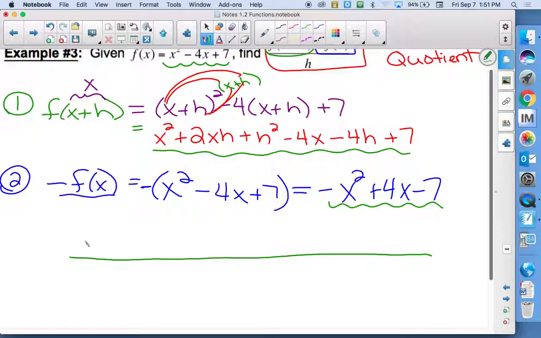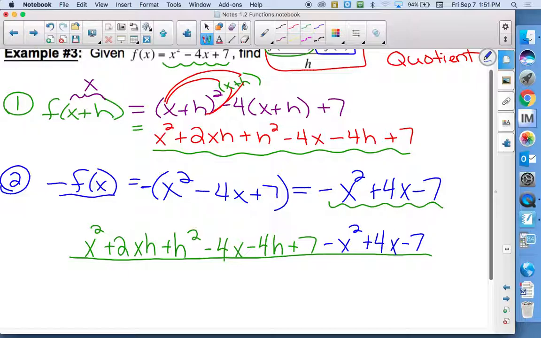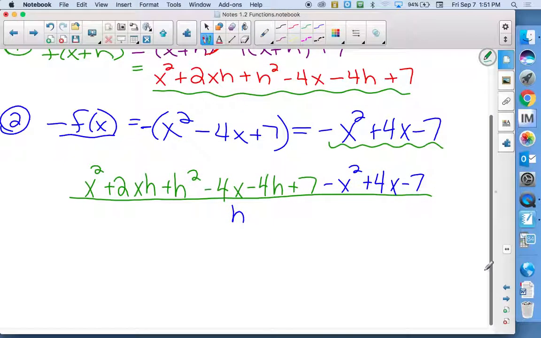So the first part, we had x squared plus 2xh plus h squared minus 4x minus 4h plus 7. That was the first part. The second part, Brandon just told us, was negative x squared plus 4x and then minus 7. So we have 1 piece, 2 pieces, and then don't forget that little h now to make it that quotient part. So the top is the difference, the bottom, the h makes it a quotient.